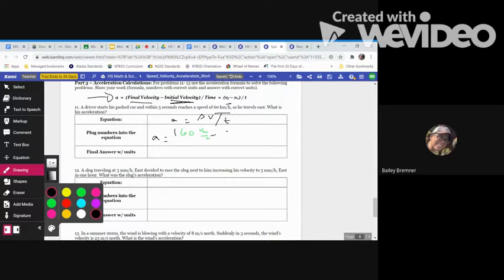So if he's parked, if you look at your odometer, or your speedometer in your car when you're parked, you'll see that it says 0 miles per hour. So even though it's kilometers, it's still going to be the same thing. It's going to be 0 kilometers per hour.